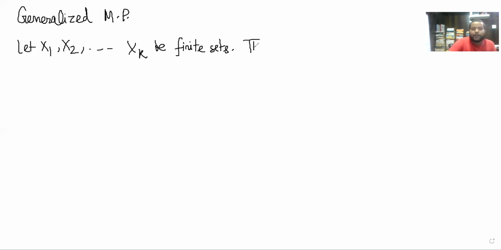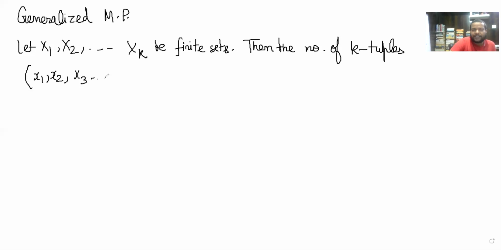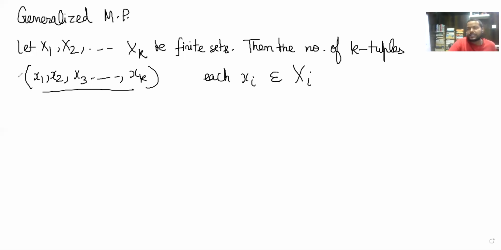Then the number of k-tuples, where a k-tuple is a collection of k terms or k elements with each element belonging to a specific set, so each xi belongs to the capital Xi. What we want to do is count the number of k-tuples that are possible. And just by generalizing the multiplication principle, we can say that this will be equal to the product of the cardinalities of each of the Xi's, right?